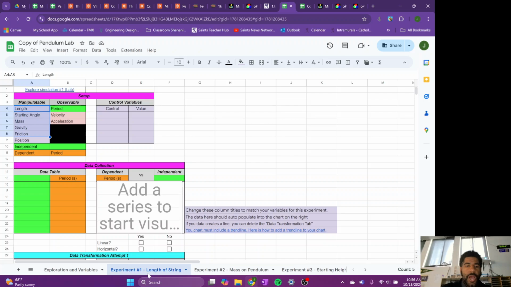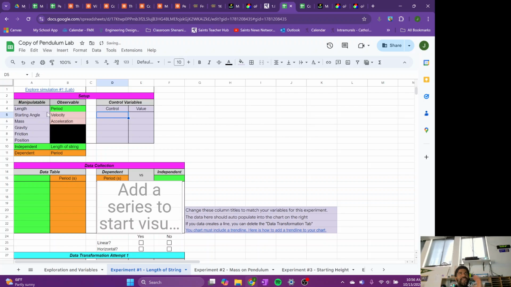For the pendulum lab, I marked them off in the different tabs as to which one is going to be the thing that you're experimenting with, the independent variable. So what I'll put down here as the independent variable amongst these variables is the length of the string.